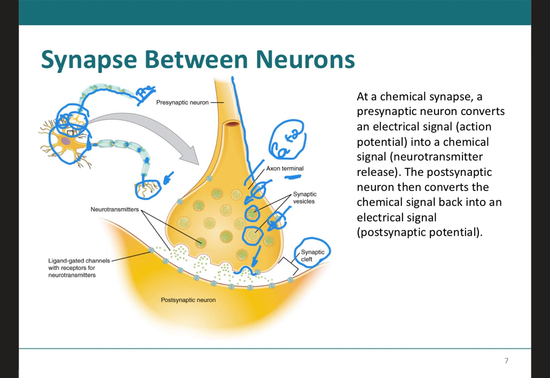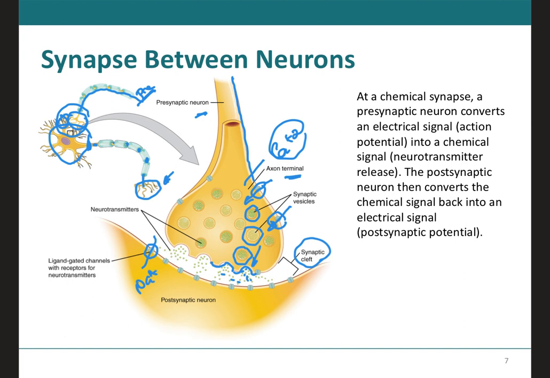Notice how the membrane of the synaptic vesicle fuses with the membrane of the presynaptic neuron and therefore releases these neurotransmitters. These neurotransmitters bind to these ligand-gated channels. If they are excitatory, they will open up these ligand-gated channels and sodium will come in through them.